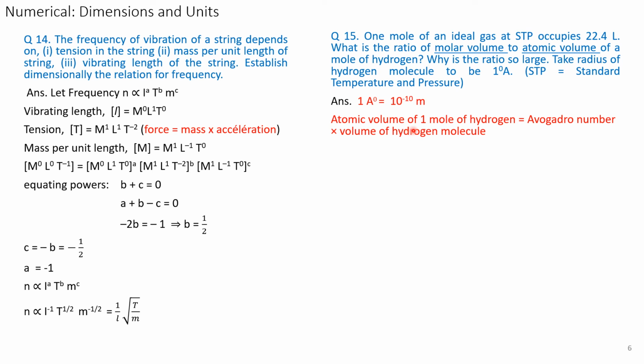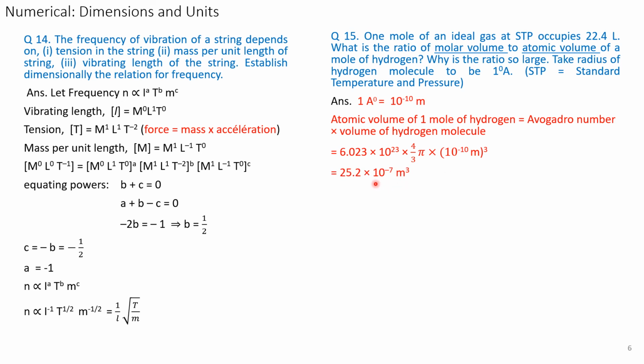That is equal to 6.023 into 10 to the power of 23, the Avogadro number, into 4 by 3 pi into 10 to the power of minus 10 meter, whole cube, converting into volume.